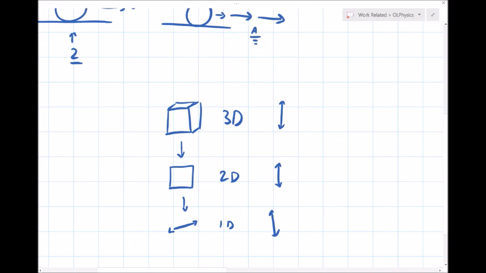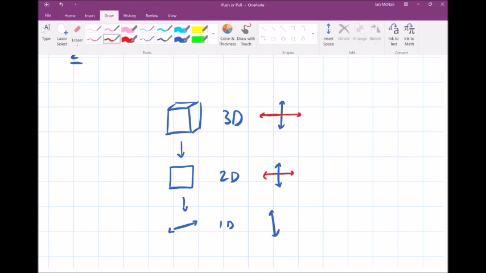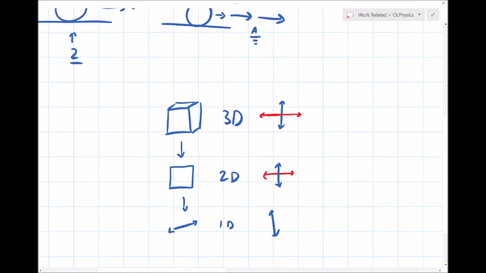In 3 dimensions, in the same way, we can go back and forth. In 2 dimensions, we can do that same thing. And then finally, in 3 dimensions, we can also go in and out. In 2 dimensions, you cannot do that.